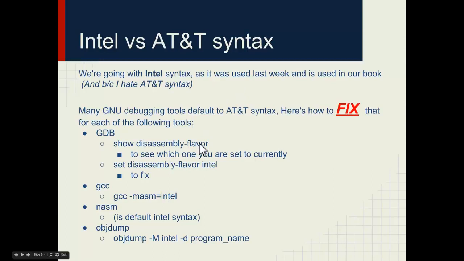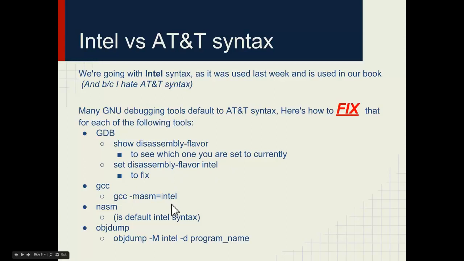I should note that the other textbook I suggested, the Shellcoder's Handbook, I apologize, prefers AT&T syntax. To set your syntax flavor in GDB, you do set disassembly-flavor intel or att.